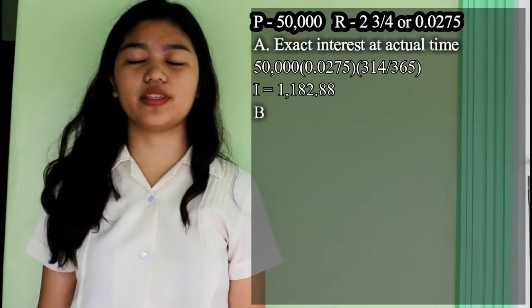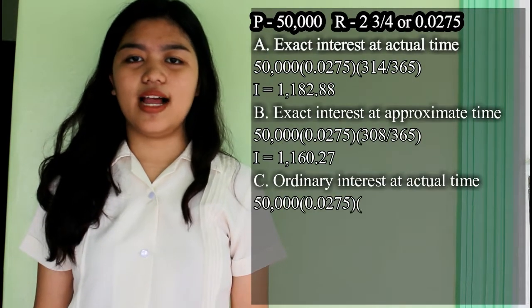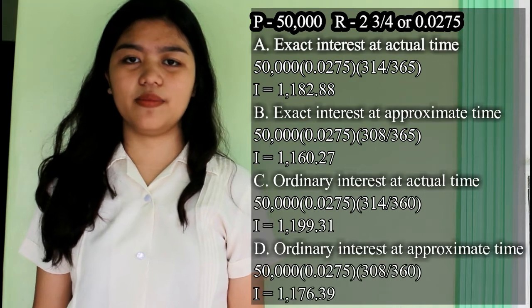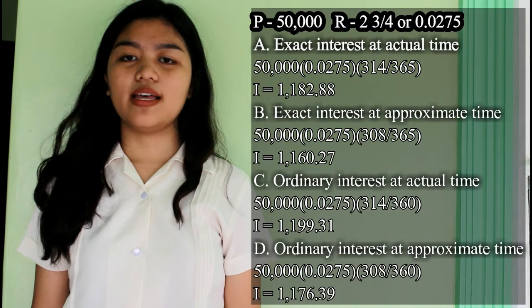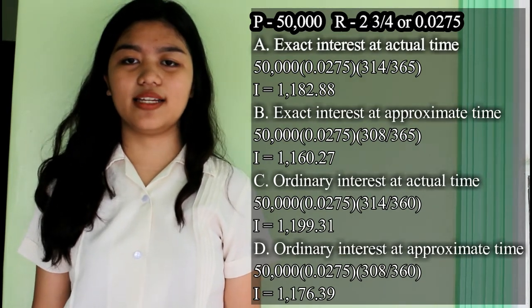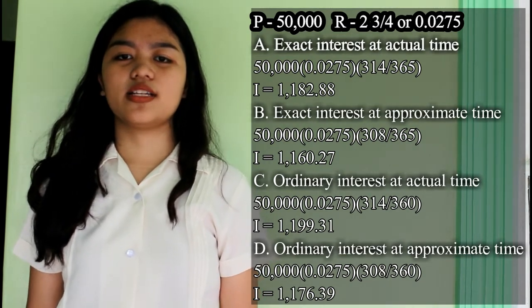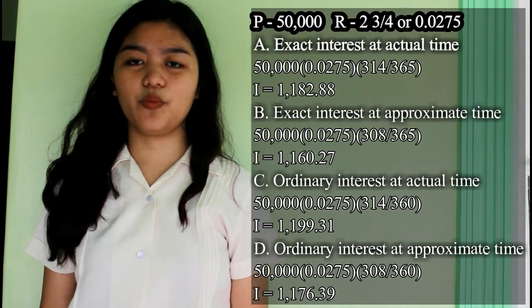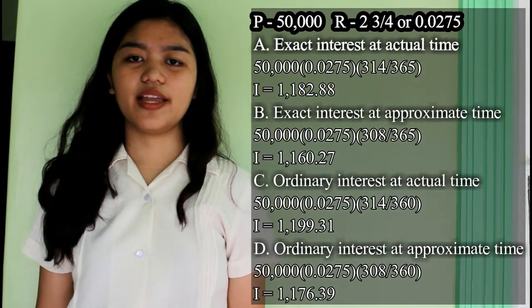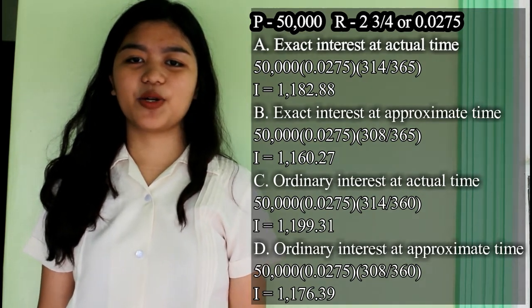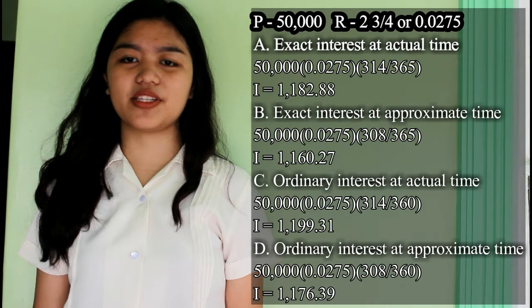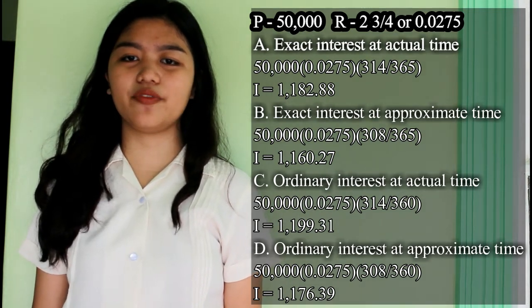The principal is 50,000 and the rate is 2 3/4 or 0.0275. For exact interest at actual time, 50,000 times 0.0275 times 314 over 365. The interest is equal to 1,182.88. The exact interest at approximate time, 50,000 times 0.0275 times 308 over 365.